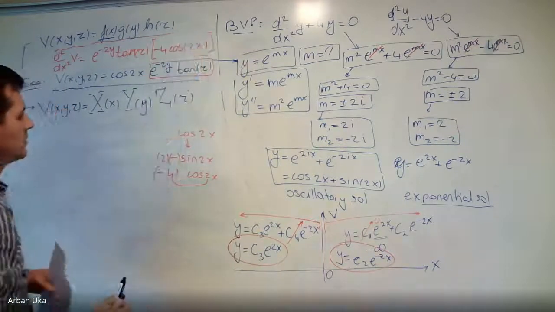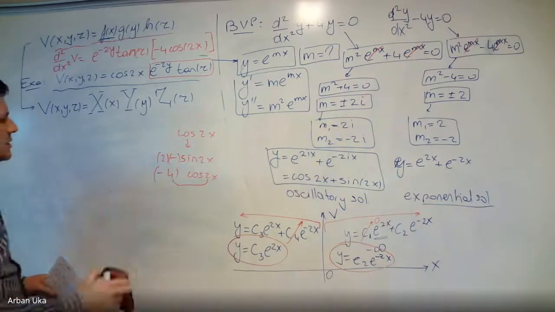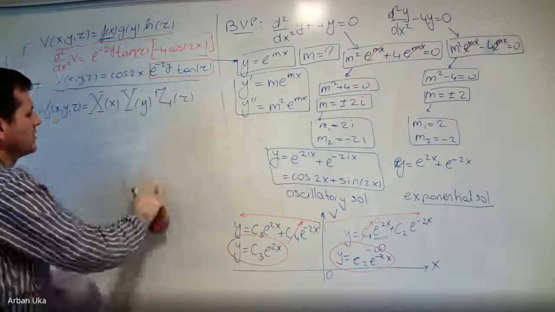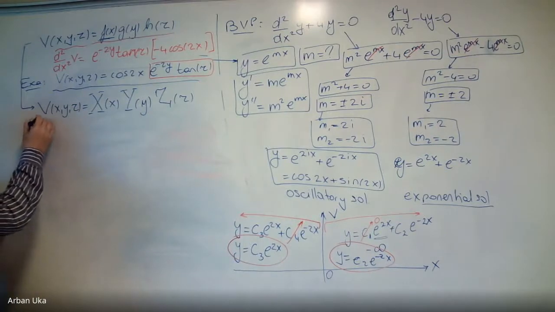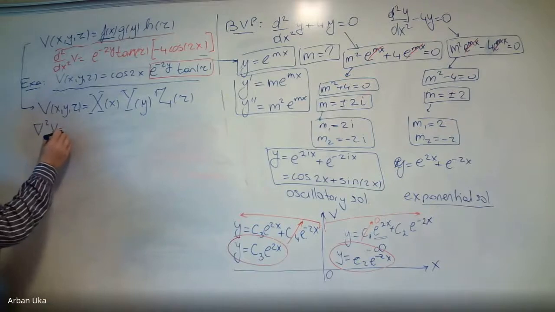Now, why do we write this? Because now we need to find the second derivative, or the Laplacian operator, on this potential.